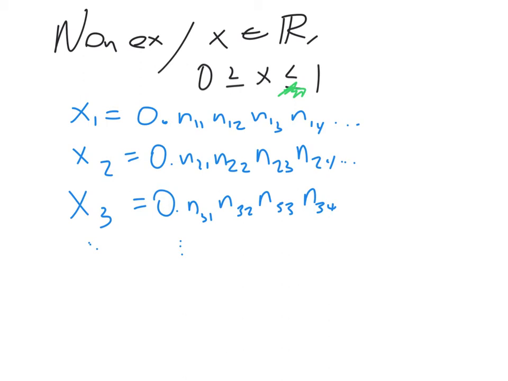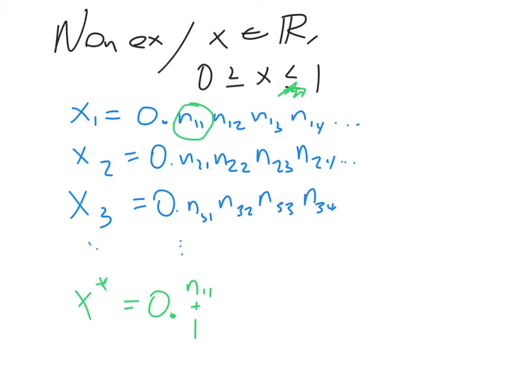And I want us to create a number, x star, and it starts with a 0, and its first digit is going to be different from the first digit of x1. Let's just say it's n11 plus 1, and if this was a 9, then this needs to wrap around to 0, so there's a modding happening, but let's just make sure that this first digit is different from the first digit of x1.